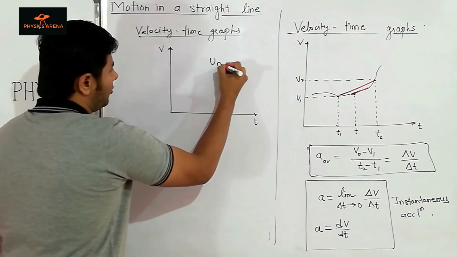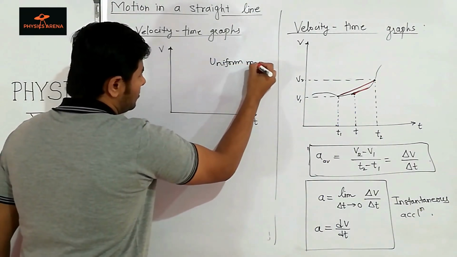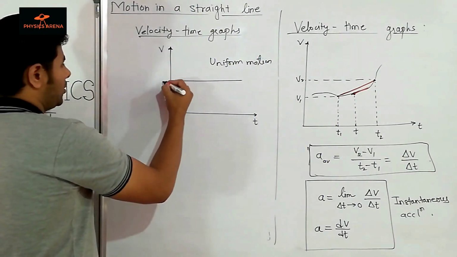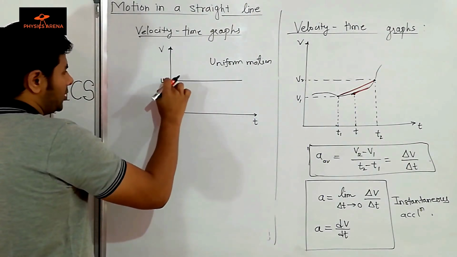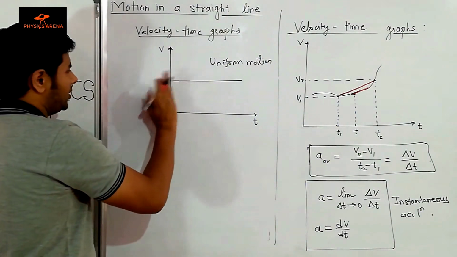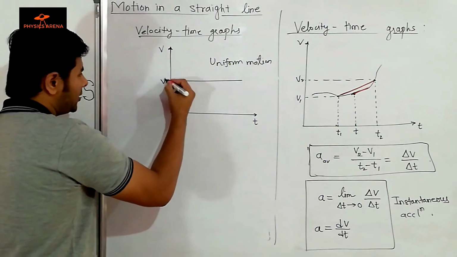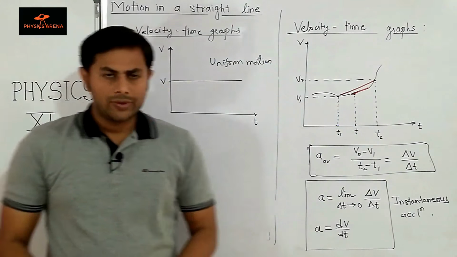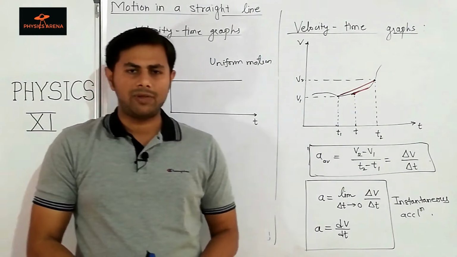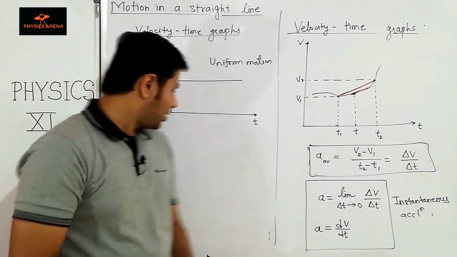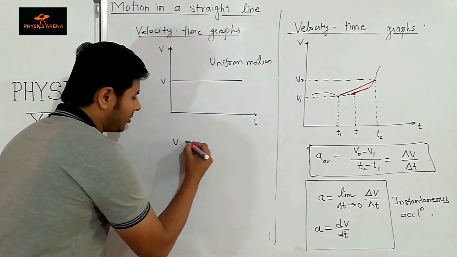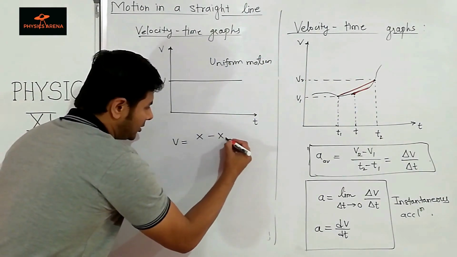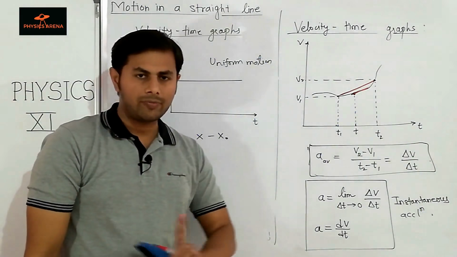For the case of uniform motion, suppose this is the initial velocity, or let me just write v here because it's not changing, so I need only one letter. Okay, so this is the velocity versus time graph for the case of uniform motion, and we know that velocity is given by, suppose the particle starts from some position x0 and then goes to some position x.